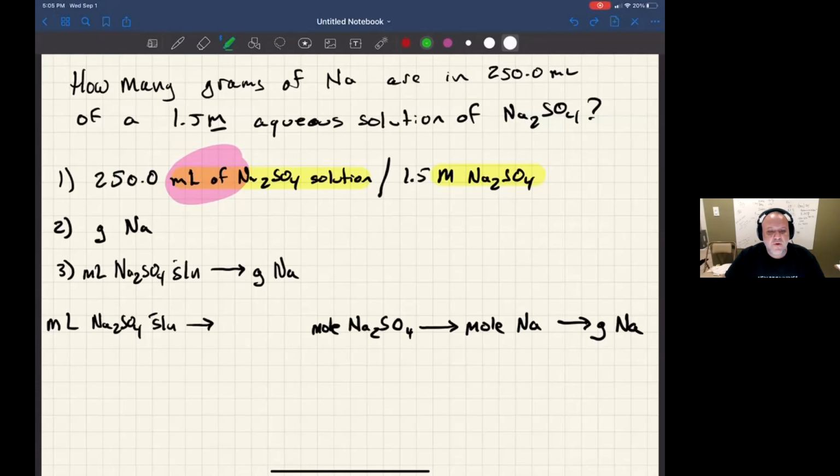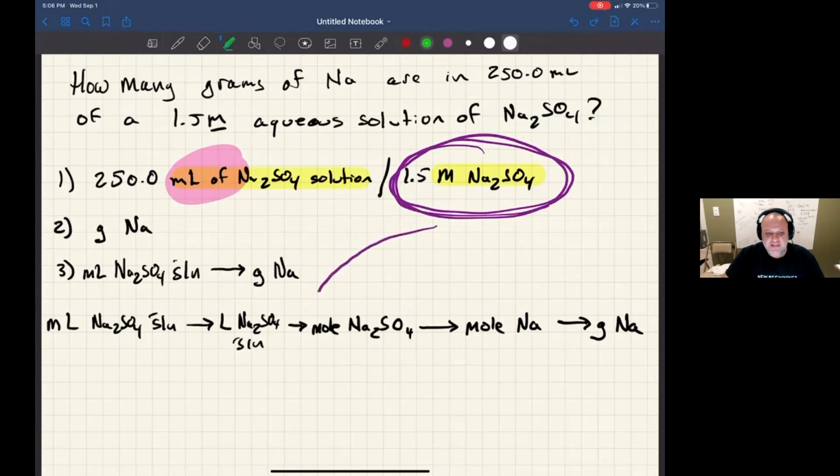So the next part is the new piece with this molarity, right? Moles of sodium sulfate can be figured out from liters of sodium sulfate solution. And that's what we gave you. We gave you the molarity, and that's what you'll use in that step to go from liters of the solution to moles of the solute.